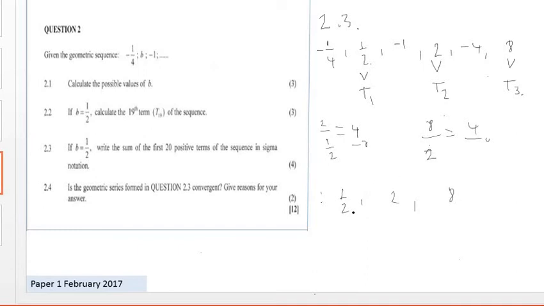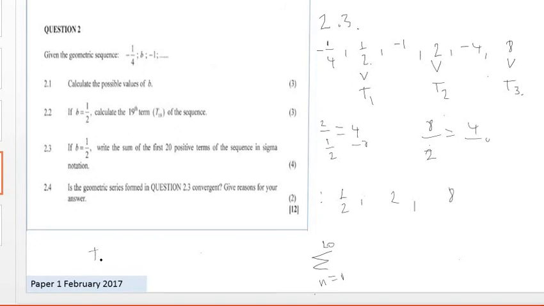Now we need to determine the sum of the first 20 terms in the actual geometric sequence, so we need to use the sigma notation. Here we can just say sum from n is equal to 1, because we need to start from the first term, up to n is equal to 20. Next to the sum we write the expression of Tn.